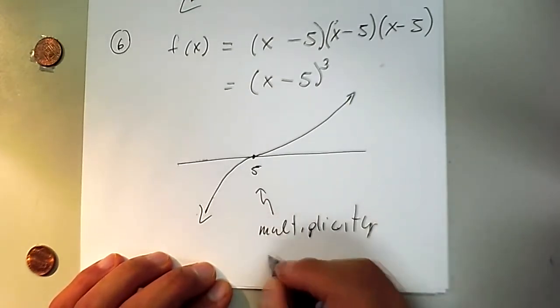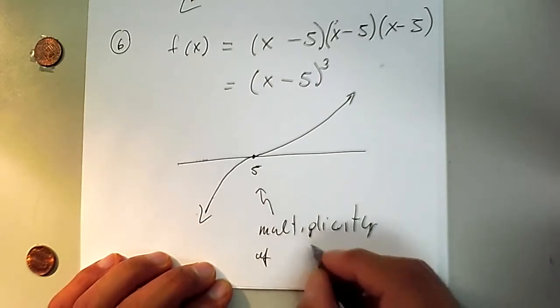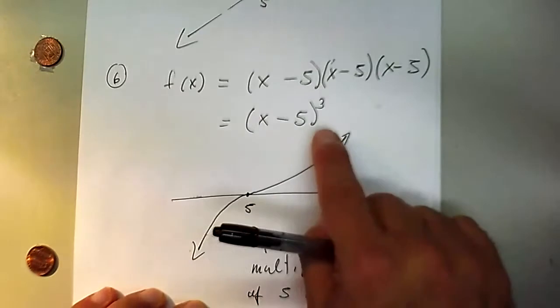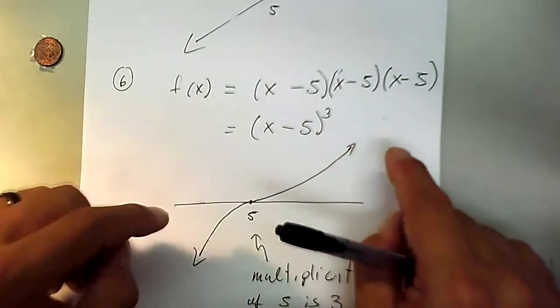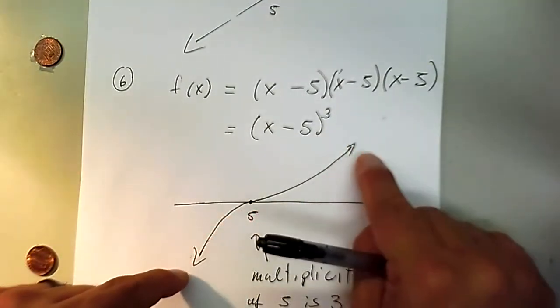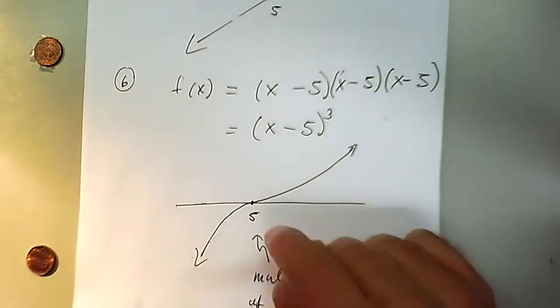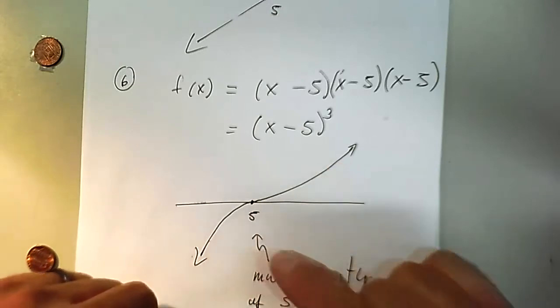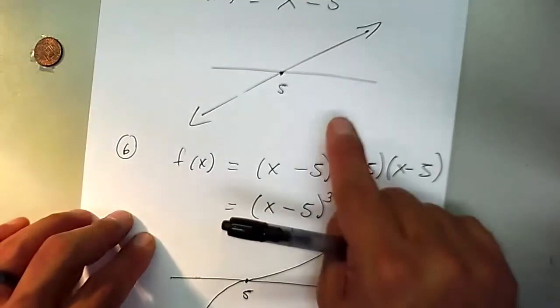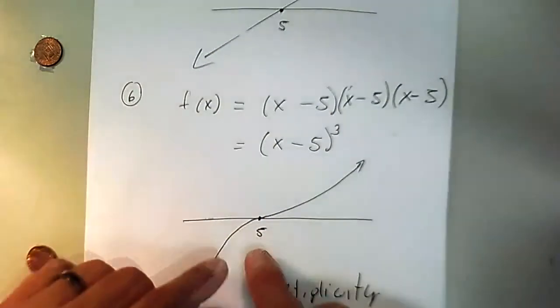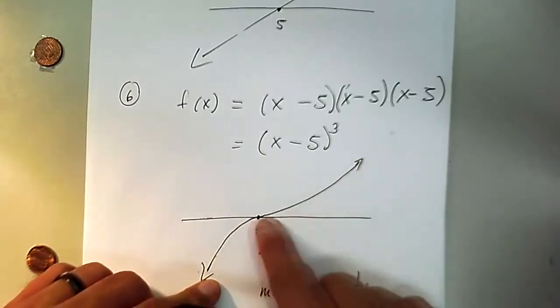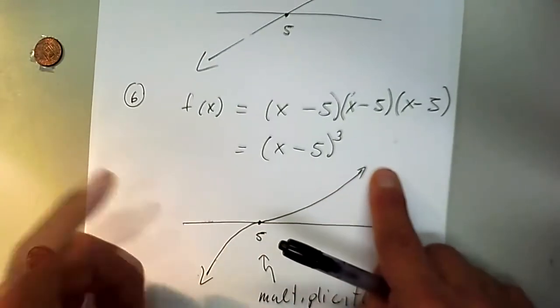Multiplicity of 5 is 3, because it shows up three times. And the difference that it makes is that the graph is twisted there at 5. It has a twist to it. It still has the same kind of behavior. Well, once it's twisted, it becomes curved, and it stays curved on and forever and ever.